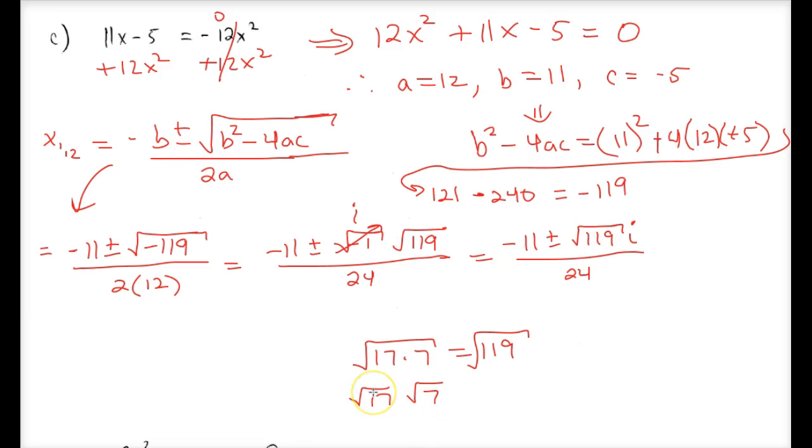So there's no other way to really break that down, and it doesn't profit us to do so. Even though we can write it as square root of 17 times square root of 7, it doesn't help, so we'll just keep it as square root of 119.